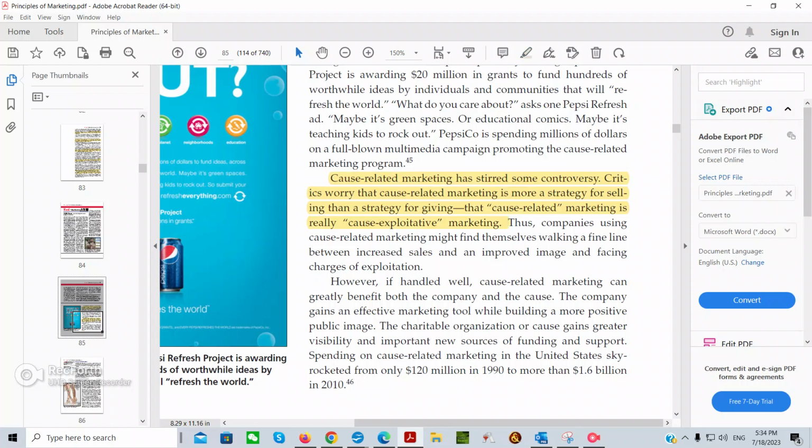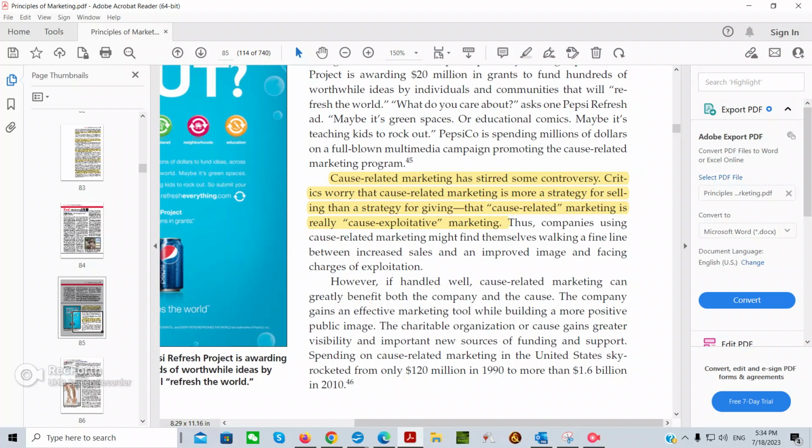Okay, that depends on how you look at it, but you have to see what the results of the marketing are. The companies using cause-related marketing might find themselves walking a fine line between increased sales and improved image and facing charges of exploitation.